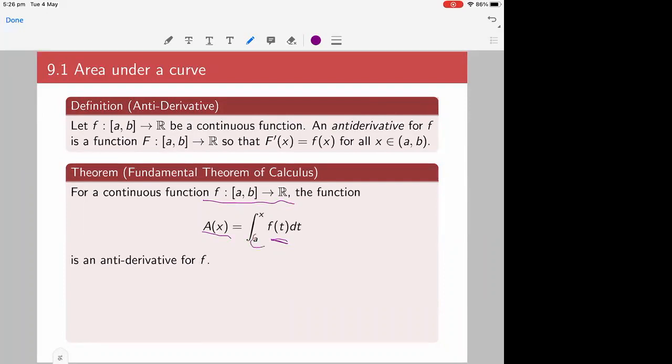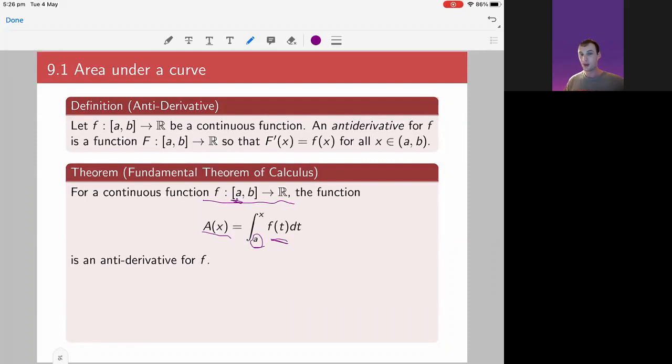My lower bound is going to be a, the leftmost point on this closed interval. The upper bound is not going to be b. Instead, it's going to be x. So I need x to be somewhere here because I'm saying that this function depends on x. So I'm going to put the x there.